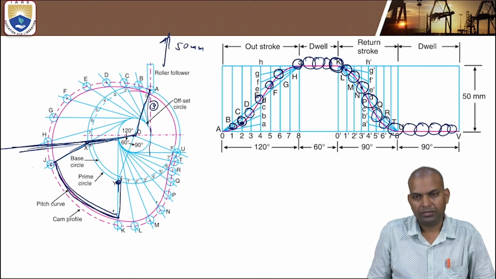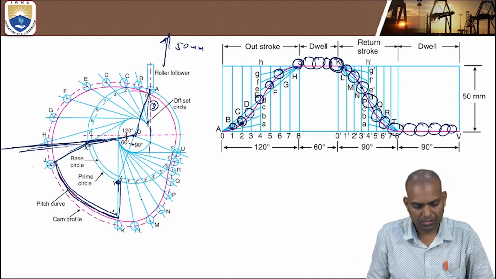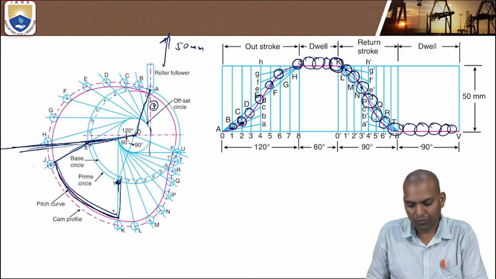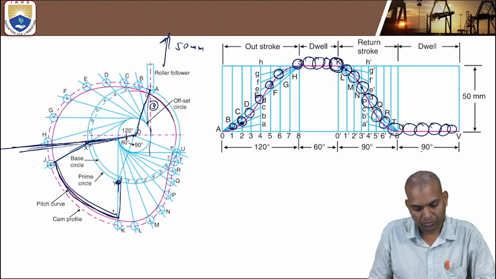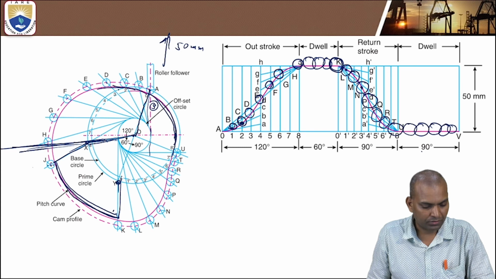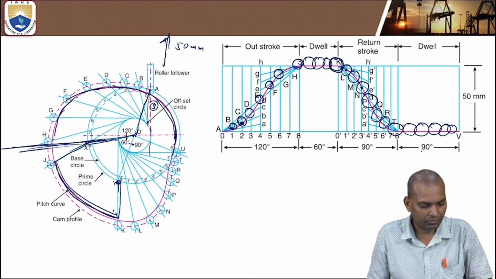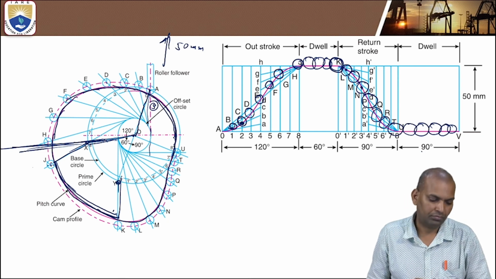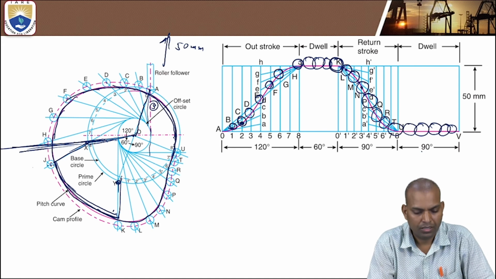Next, the remaining 90 degrees, what is the remaining? Return stroke takes place. That means it comes down. And one more 90 degrees here, this is the zone. 90 degrees remains constant. That's why this is the shape of a cam.